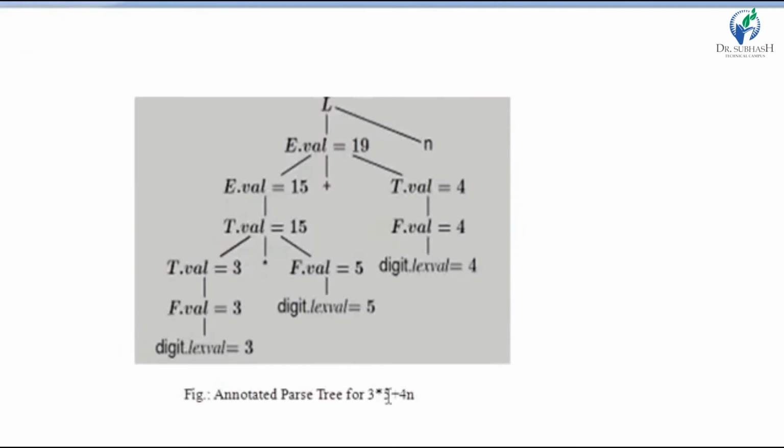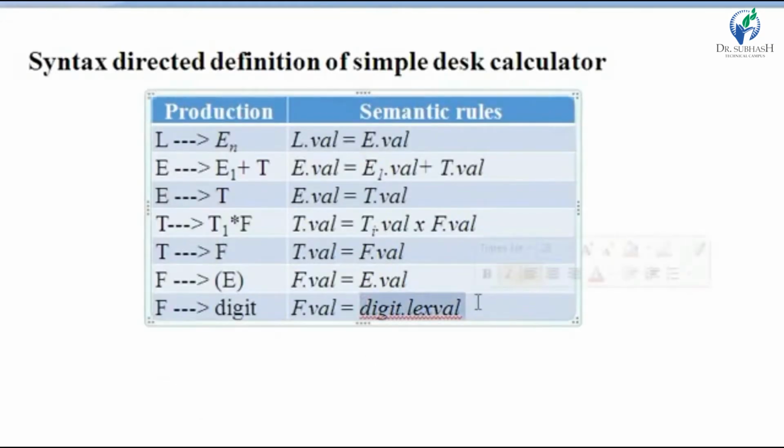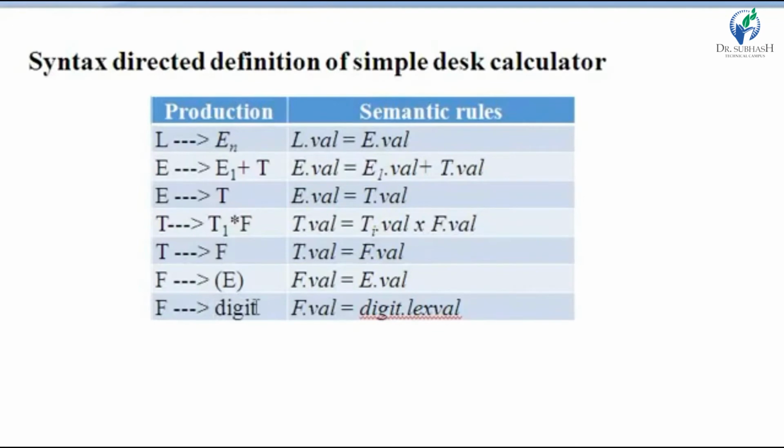First, 3 into 5 plus 4n. The first one is 3. So 3 is your lexical value: digit.lexval is equal to 3. This comes from the production F gives digit.